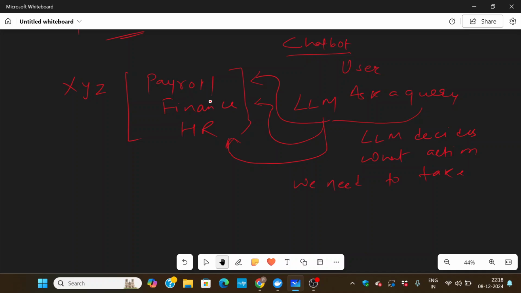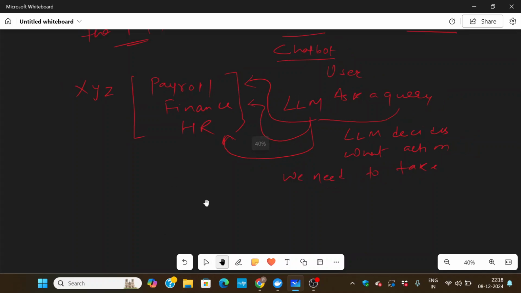So we have figured out what is LangGraph, and what is the difference between chain and agent. Coming to LangGraph again, what is LangGraph, guys?